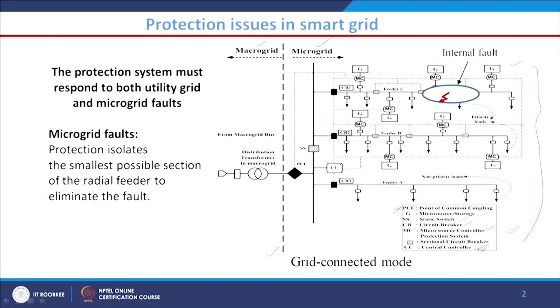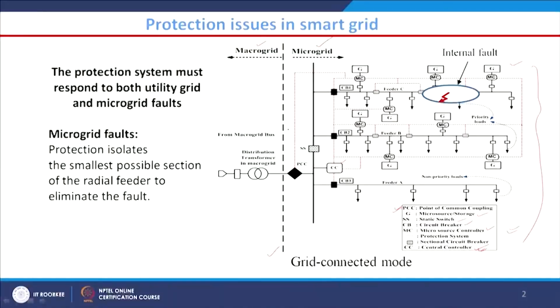If you can see, the CC is present here, and the red dotted lines are the information coming from the protection infrastructure. This protection infrastructure is connected to all the parts of the network.